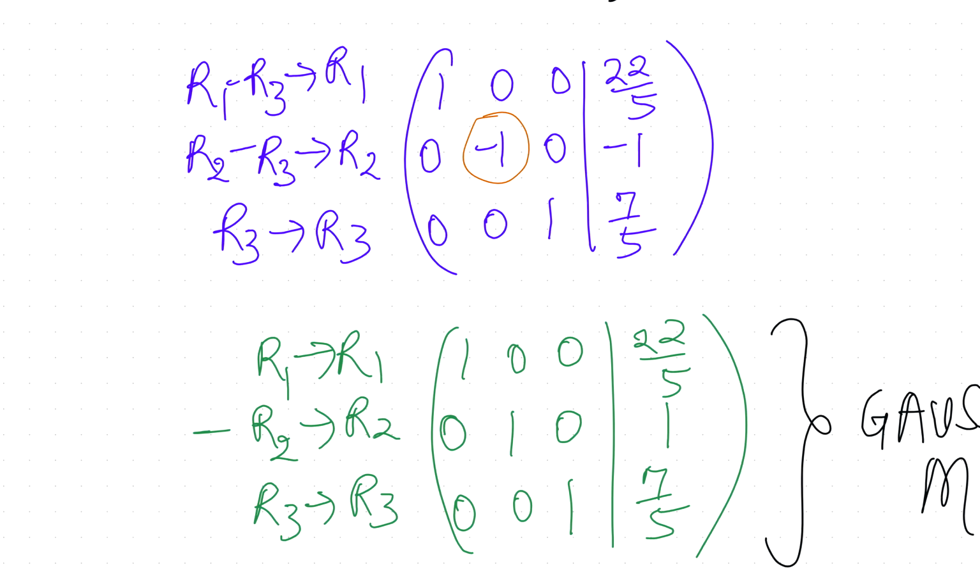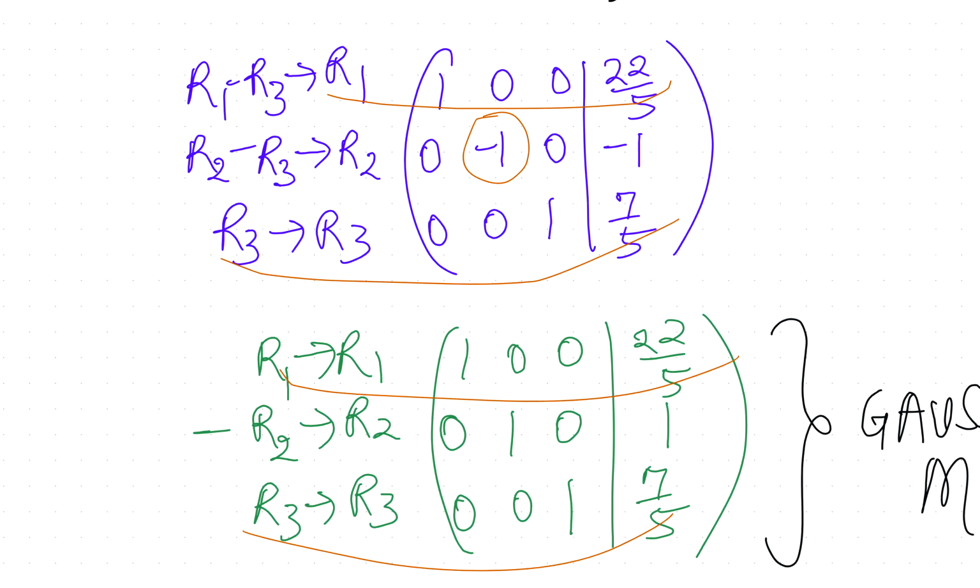The old row 1 is the new row 1, the old row 3 is the new row 3, but then the new row 2 has to be the negative of the old row 2. So we have minus times 0, 0, minus times minus 1, that's 1, minus times 0, 0 again, minus 1, that's plus 1.